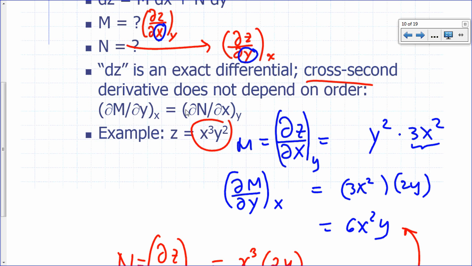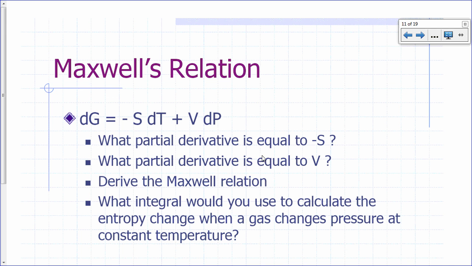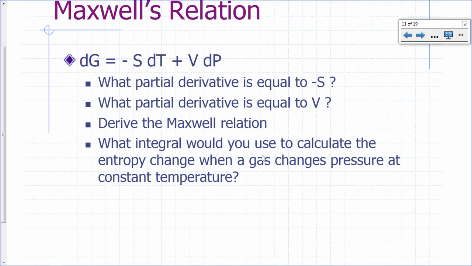So if you have an exact differential, your cross derivatives would be the same regardless of which order you take them. So if you have, let's say, dG is negative S dT plus V dP, what did we say the partial derivative is? That's equal to negative S, with respect to T at constant P, right?